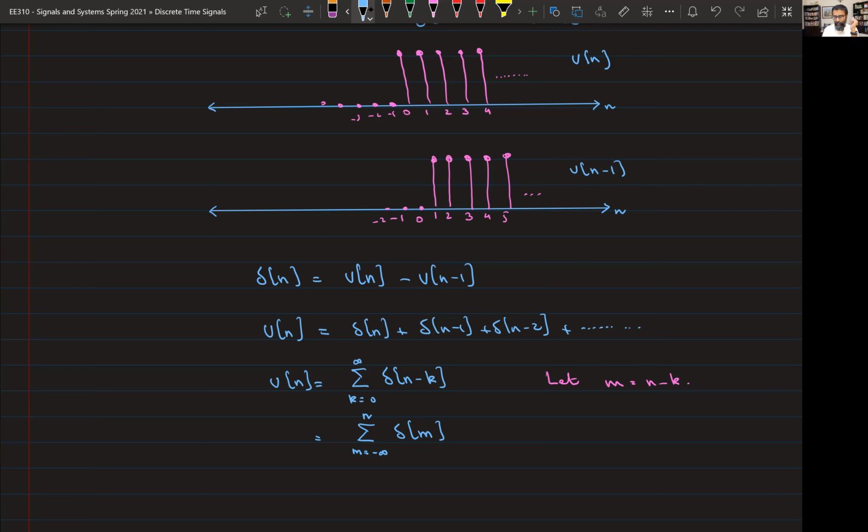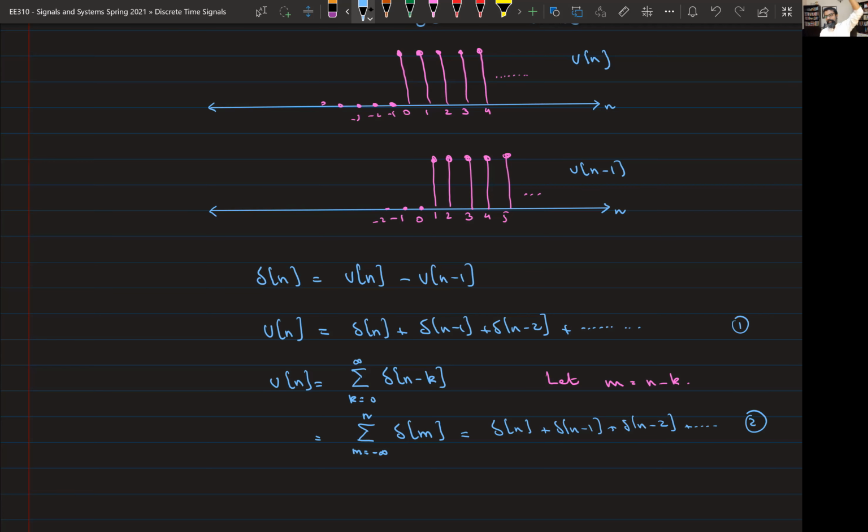And you can actually see what's happening. If I just look at the summation, this is delta of n, plus delta of n minus 1, plus delta of n minus 2, and so on. If I start from the top and go down, this is exactly the expression from before.